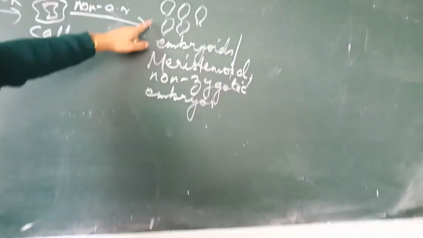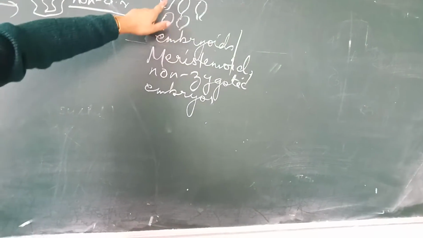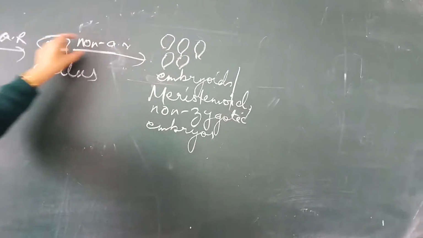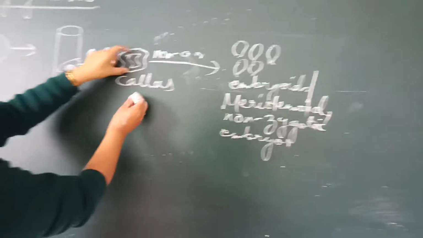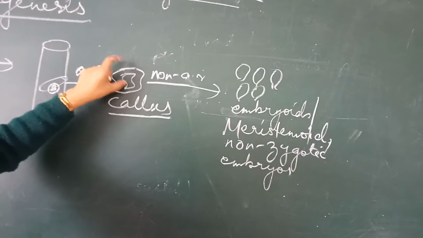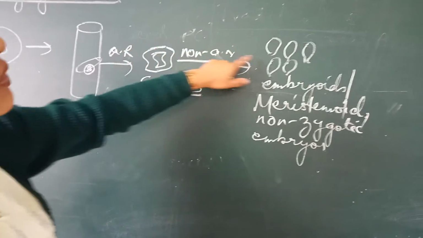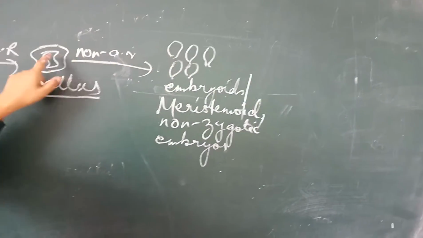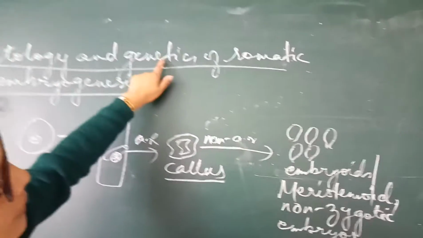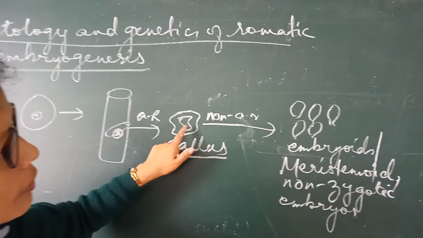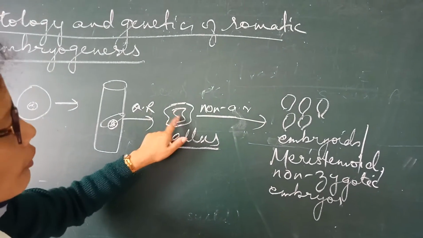Alright. Now these are embryos. Let us look at what is inside this callus. How do we know that this callus is going to give rise to embryoids? Let us look at the genetic display of this callus.